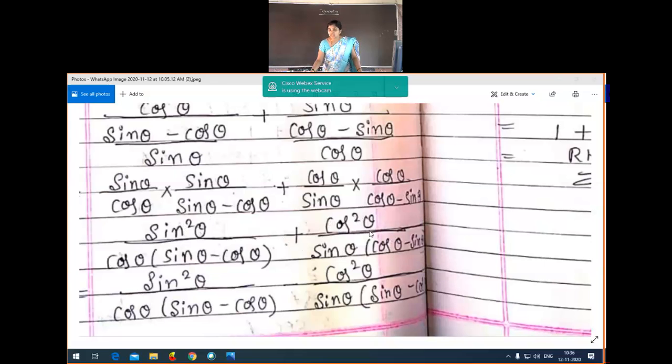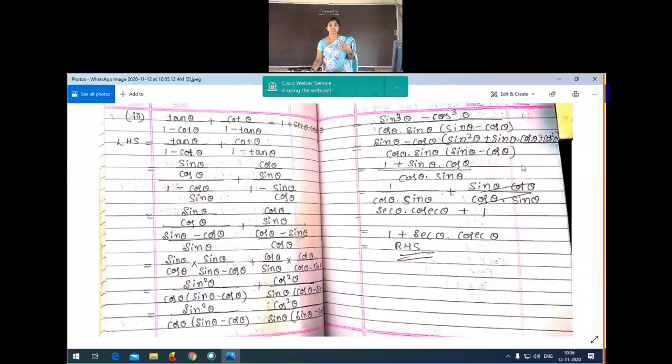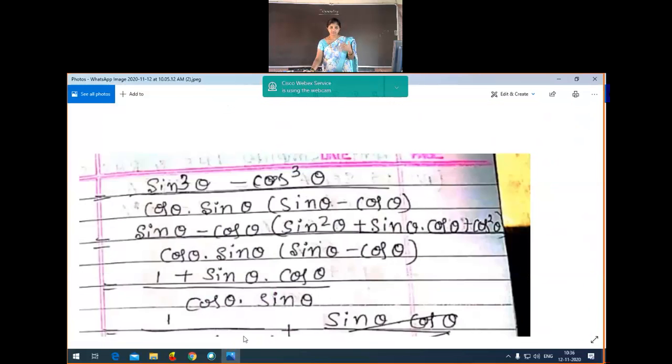Here we just modified something, that is here in the first bracket sin theta minus cos theta is there, but here cos theta minus sin theta is there. So we have to write this cos theta minus sin theta in the form of sin theta minus cos theta. That's why we took the minus factor outside. Then cos square theta divided by sin theta into sin theta minus cos theta. Got the idea of this step, no students? Yes. Now last two steps.